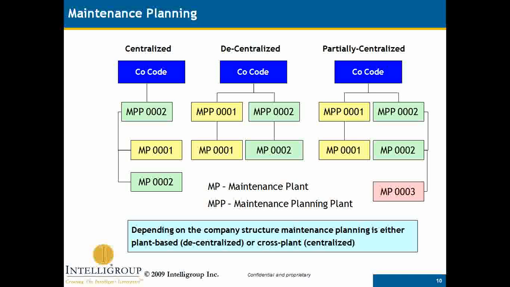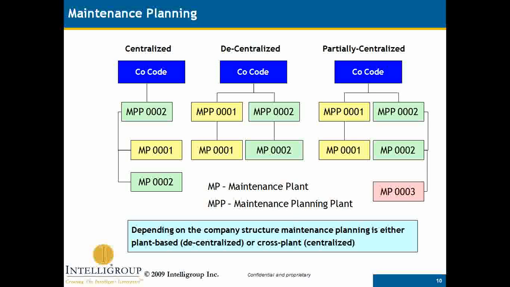Okay. We will come to the centralized. There are two maintenance plants, MP001 and MP002. For these two plants, the maintenance planning plant MPP 002 will take care of the planning activities. That is called centralized maintenance. One second, Venkat.